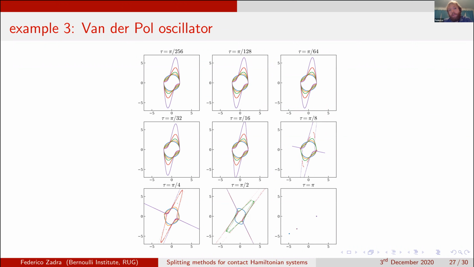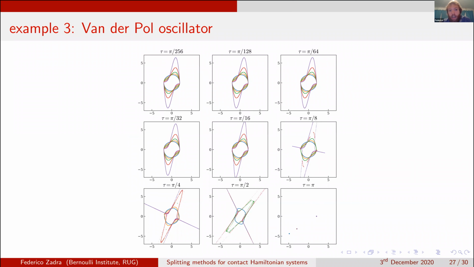The main feature of the van der Pol oscillator is the limit cycle that appears. And our integrators preserve this limit cycle also for really big time steps, as we can see. But there are some strange behaviors, in particular the birth of these tails when the time step has a particular dimension.